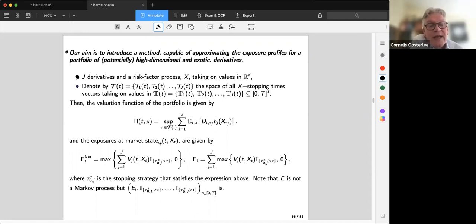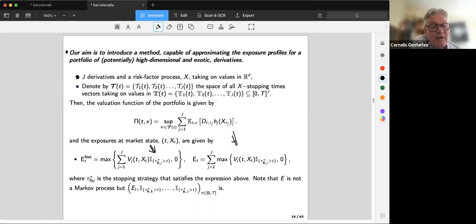And the exposure at a state (t, x_t), the netted exposure, is given as the maximum of the sum, j runs from 1 to J, of the exposures given the early exercise decision, given tau is greater than t. And in the case of the non-netted exposure, it is the sum of the maximum.